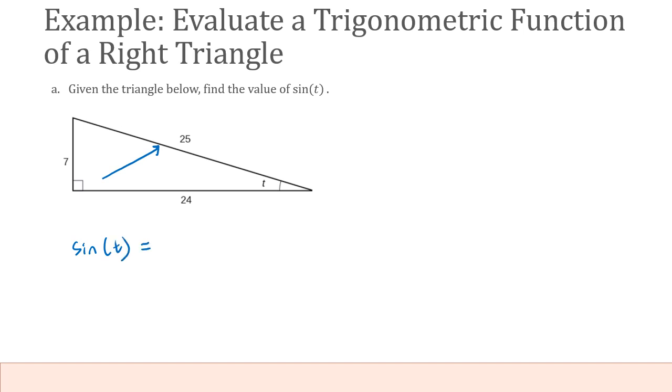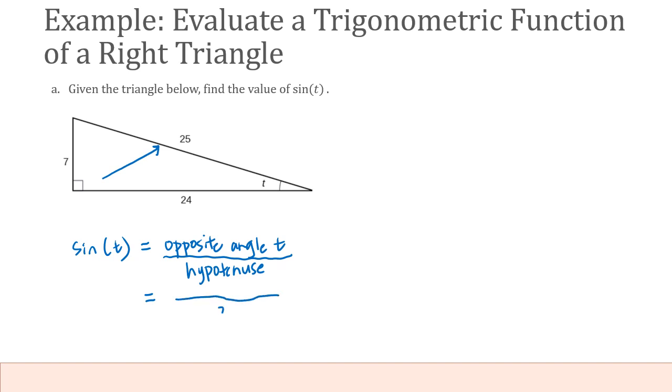The sine of an angle is equal to the ratio of the side opposite the angle, so I'm going to say opposite, in this case, angle T, over the hypotenuse. And I don't have to say hypotenuse of an angle because the hypotenuse does not change. In fact, I can just go right to filling that out.